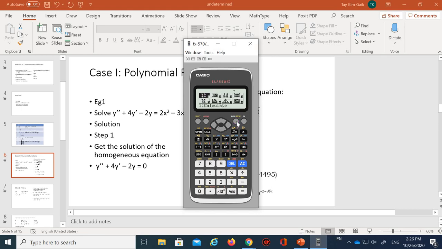Then you may go down to the equations. This model you have can solve the simultaneous equation up to 4 order, 1 order higher than the ES model.